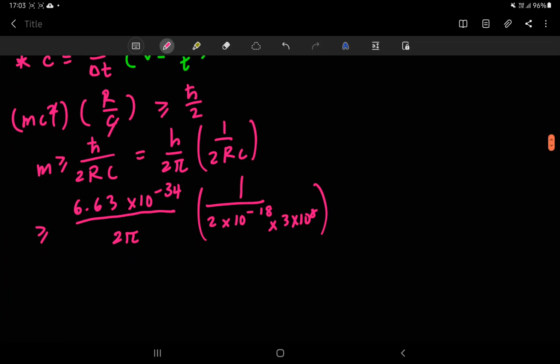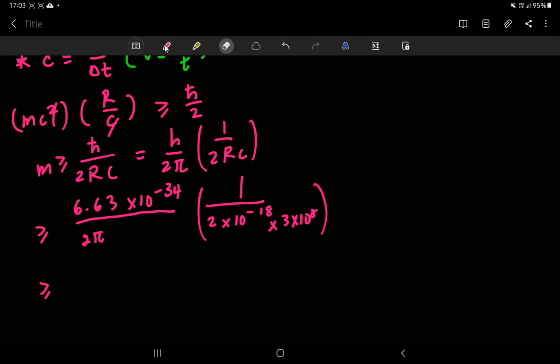And then we need to evaluate this. And don't forget to divide by the electron charge or elementary charge, which is 1.602 times 10 to the minus 19.